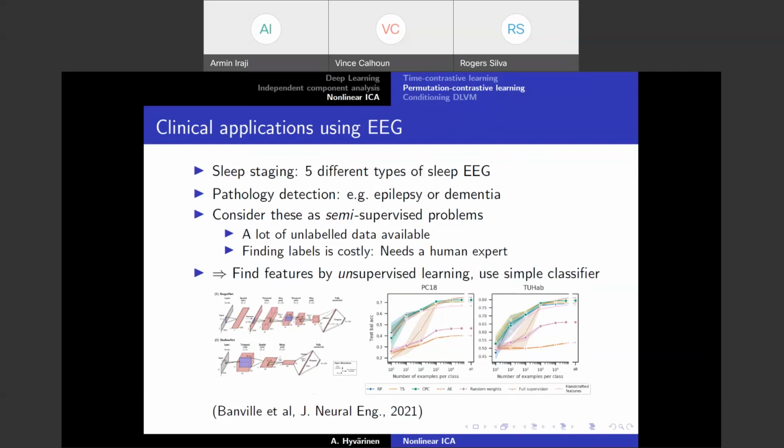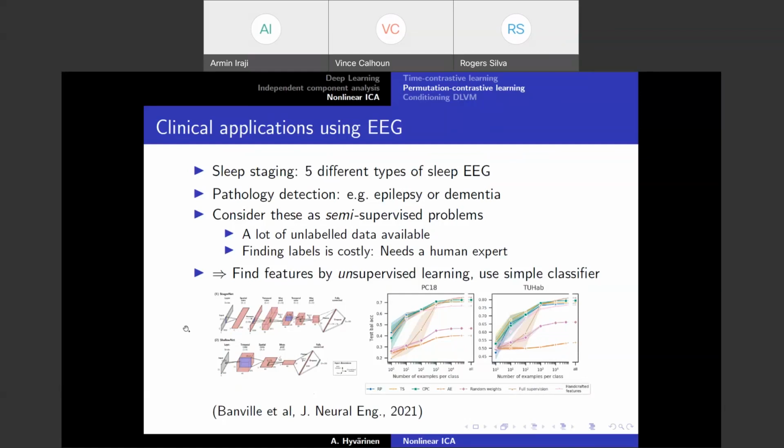It's five different stages of sleep, and then we try to learn a neural network to do that classification. And in another data set, we have EEG, which is either normal or pathological in two different ways. So these are what I would call rather archetypal semi-supervised problems.